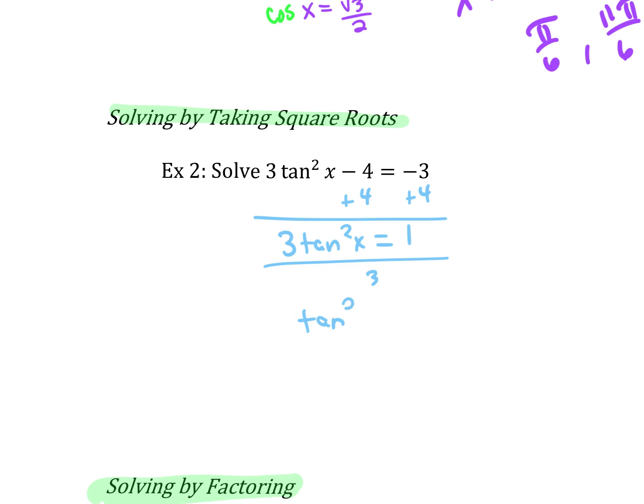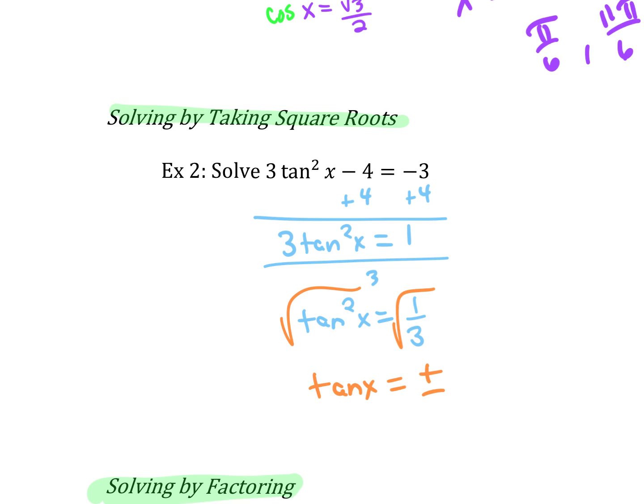So we get tan squared x is equal to 1/3. And then we've got to square root both sides in order to solve. Guys, if we take the square root of both sides in order to solve, we have to remember to consider the positive and the negative. So that is important to remember.